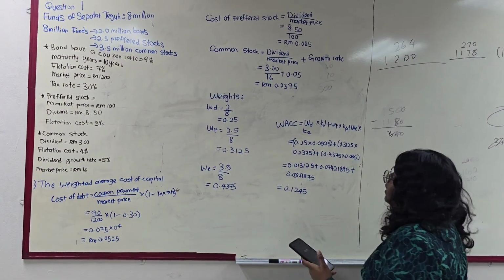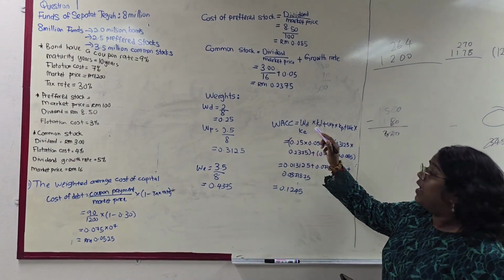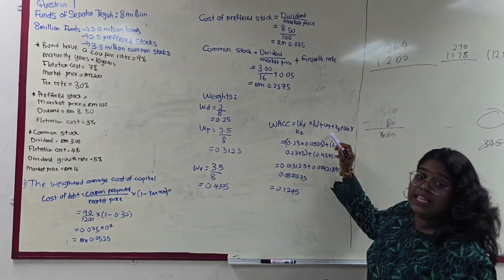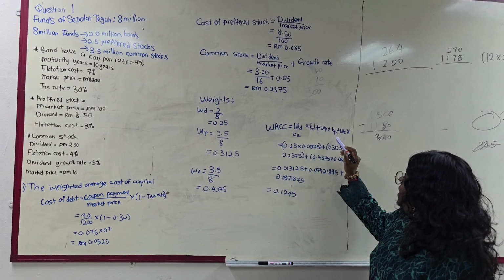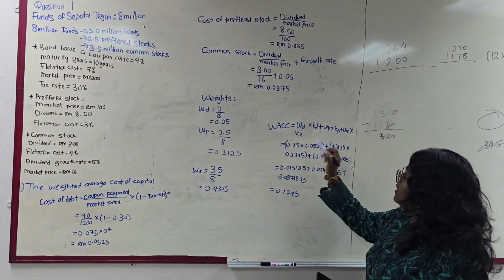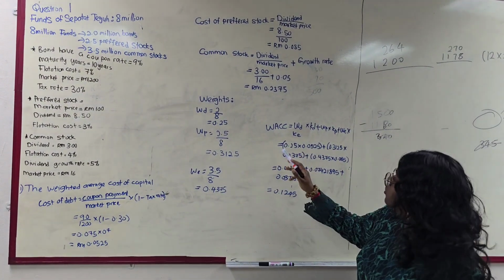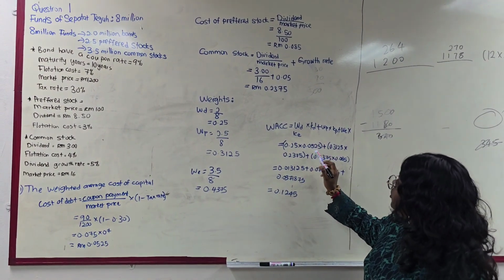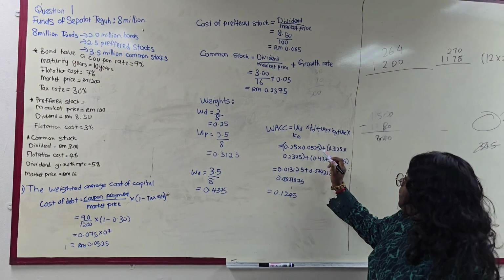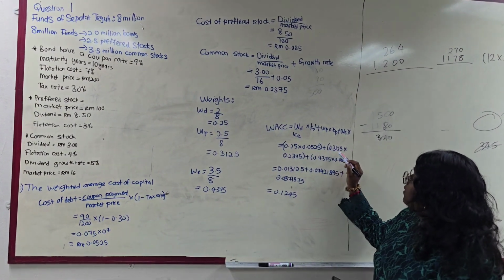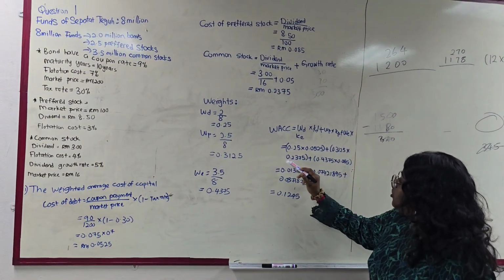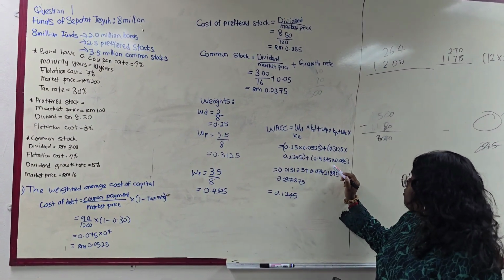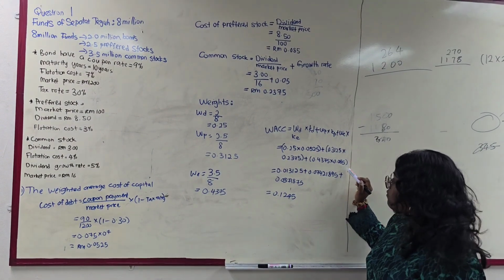So last but not least, WACC carries the formula WD times KD plus WP times KP plus WE times KE. To solve this, 0.25 times 0.0525 plus 0.3125 times 0.2375 plus 0.4375 times 0.085.